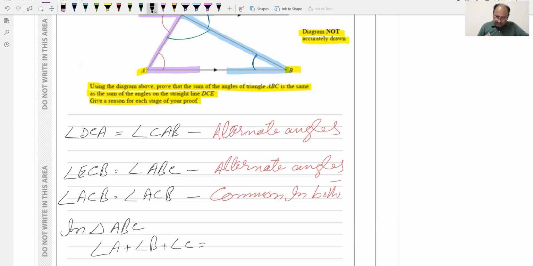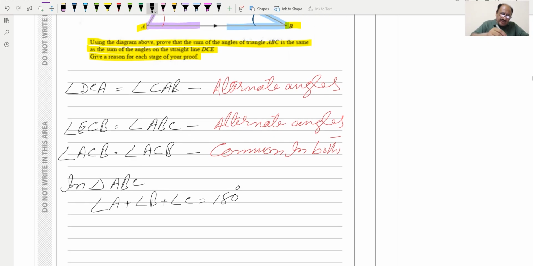plus angle C is equal to 180 degrees, and we will write the reason: interior angles add up to 180 degrees.